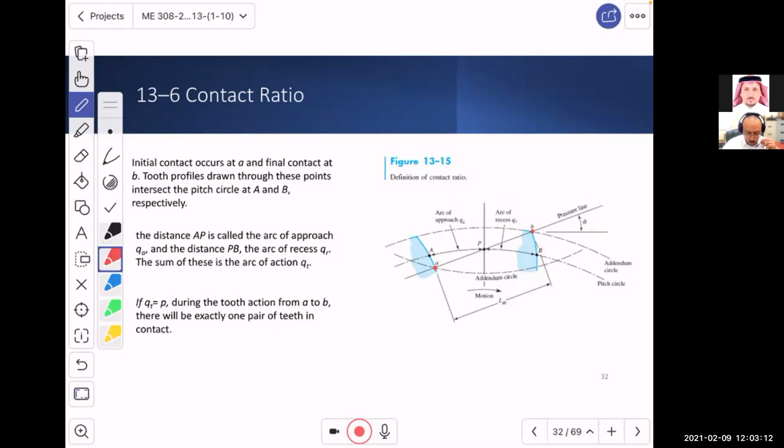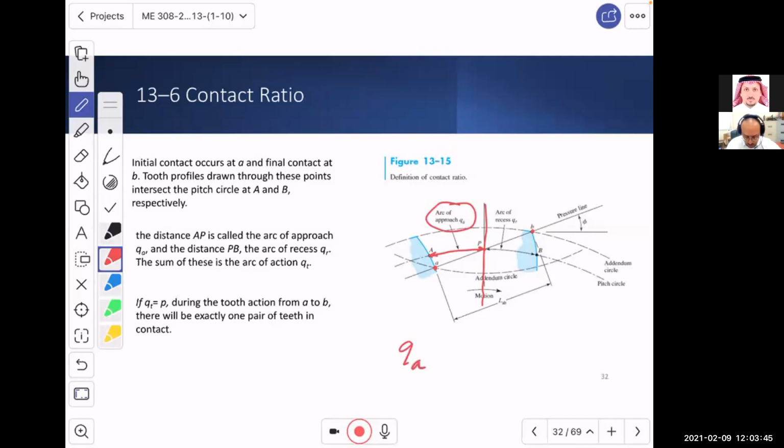To understand that, we introduced two distances. This arc, from the beginning when the first contact is achieved until the center line of the two gears, is called the arc of approach.